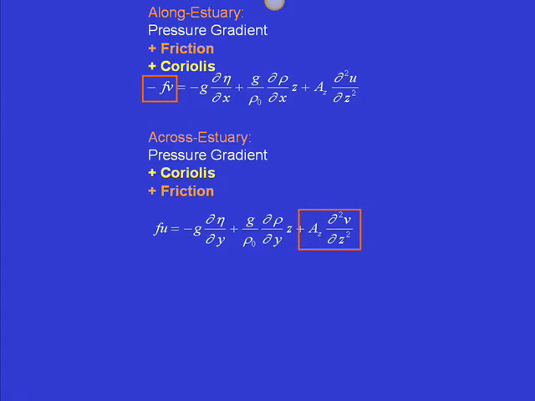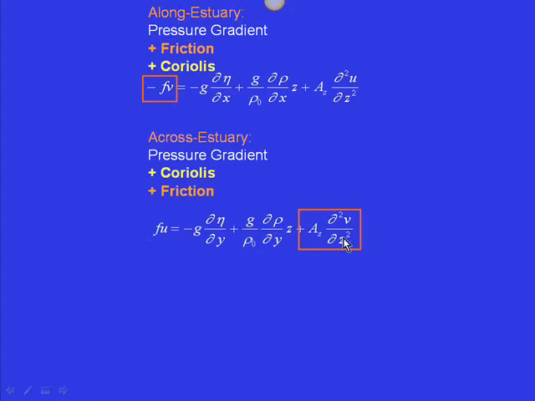Notice for the along estuary dynamics, we have been talking, in terms of density-driven flow, about the balance between pressure gradient, which has the sea level slope and the baroclinic pressure gradient, and friction. And now we're going to add Coriolis in the along estuary dynamics. And in the cross estuary dynamics, if you remember, we have the geostrophic balance, which is the pressure gradient balanced by Coriolis.